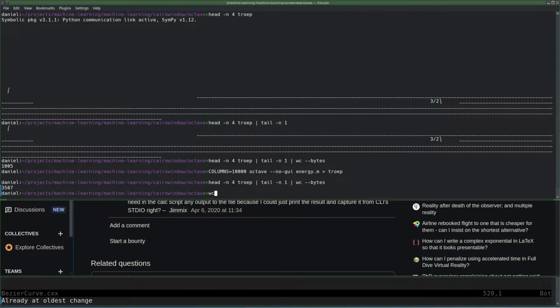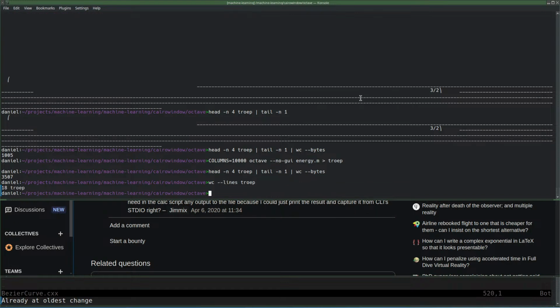So we got now how many lines? 18. Okay. I think I have a little header and then a lot of divisions, making it very high.